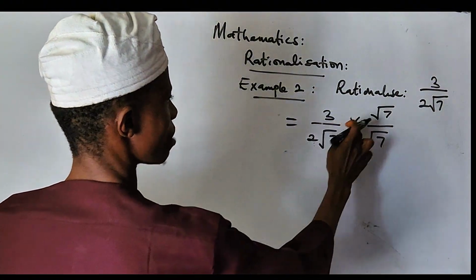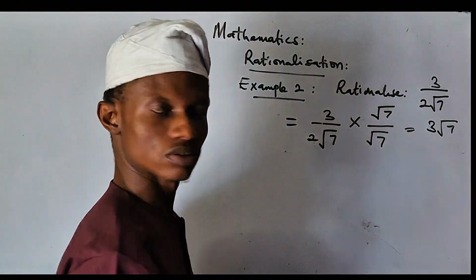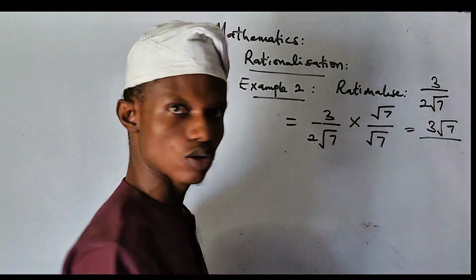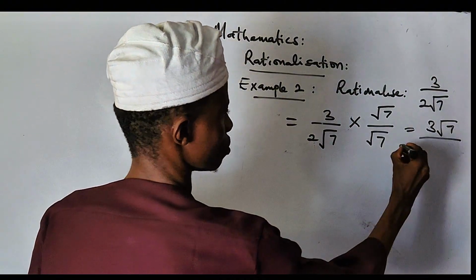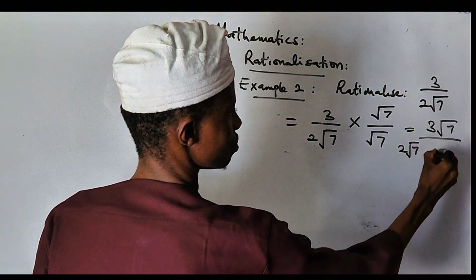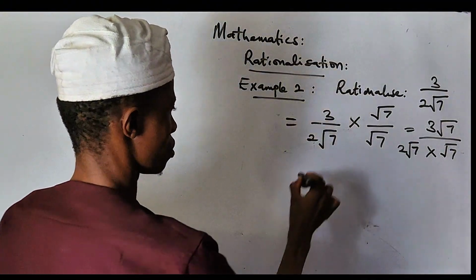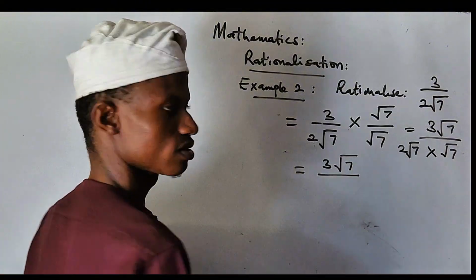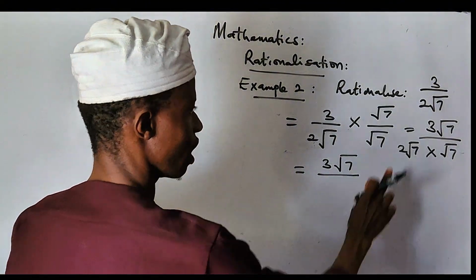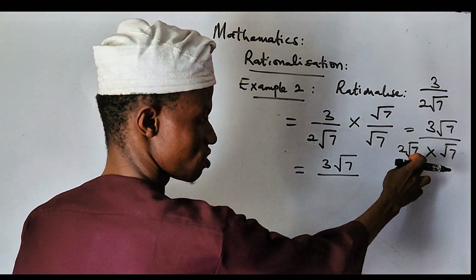Okay? 3 times root 7 will be 3 root 7 over. Now look at this. I have 2 root 7 times root 7. Now pay attention, I have 2 root 7. 2 root 7 itself is 2 times root 7.